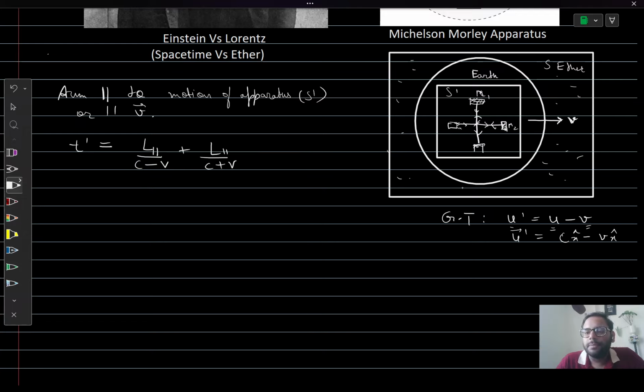Similarly, when the beam goes from mirror 2 back to the beam splitter, the velocity transformation is C in the minus x cap direction, and V remains the same because the direction of motion is the same.